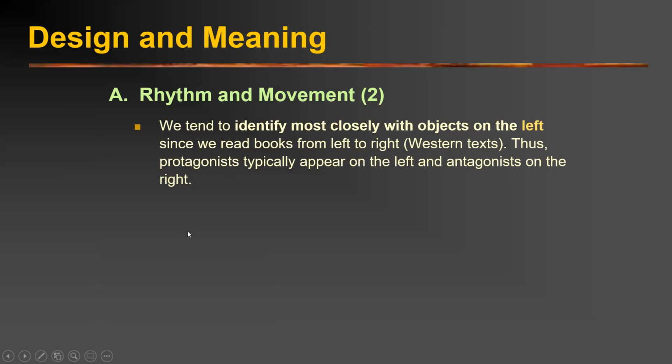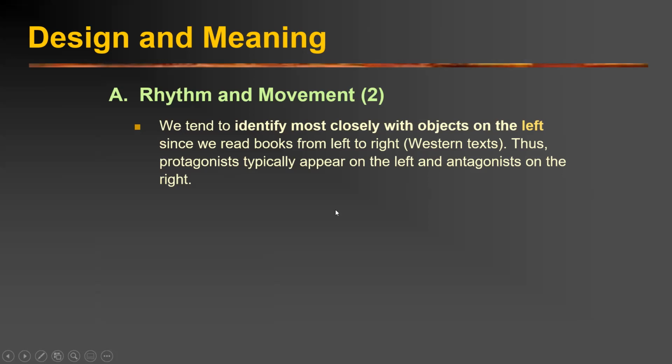So when you are creating or analyzing picture storybooks, the protagonist is usually on the left side and the antagonist on the right side, or in other cases, the main character on the left side, and then the minor characters on the right side. Para ang focus natin unang-una will be the main character or the protagonist.